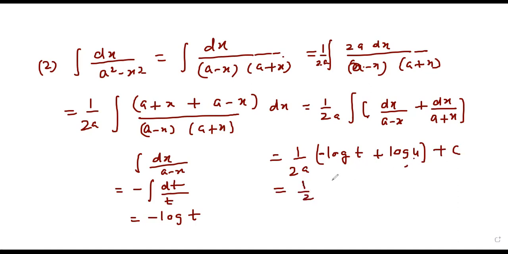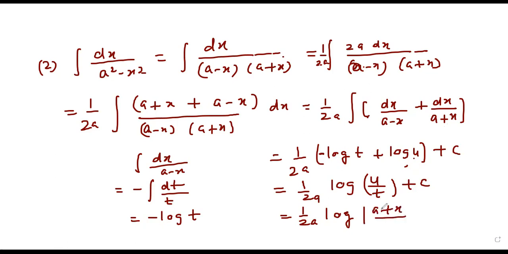So 1 upon 2a log u upon t plus c. We put the value 1 upon 2a and the log. What is u? So here u is a plus x. So modulus a plus x divided by t, which is a minus x, plus c. Now let's go to the third part.